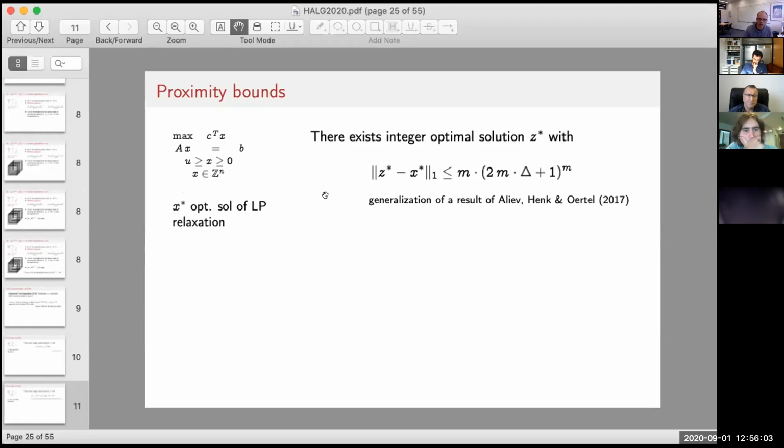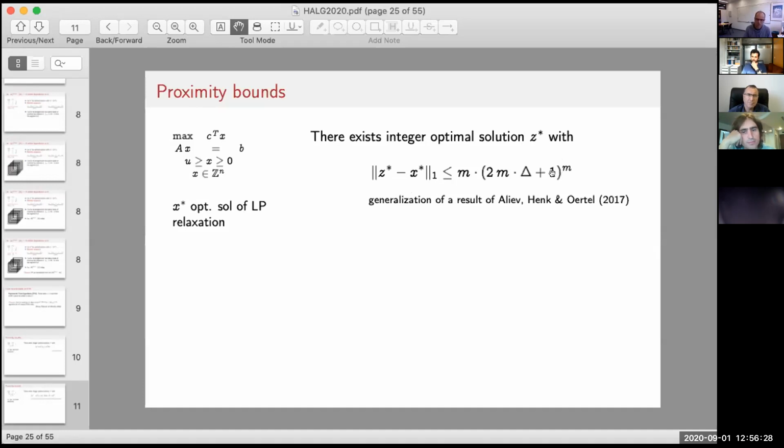And this proximity bound says the following. Again, let x star be an optimal solution of the LP relaxation. Then there exists an optimal solution z star of the integer program, which has now one norm, and see, this is a huge difference, one norm bounded away from x star by m times (2m delta plus 1) to the power of m.